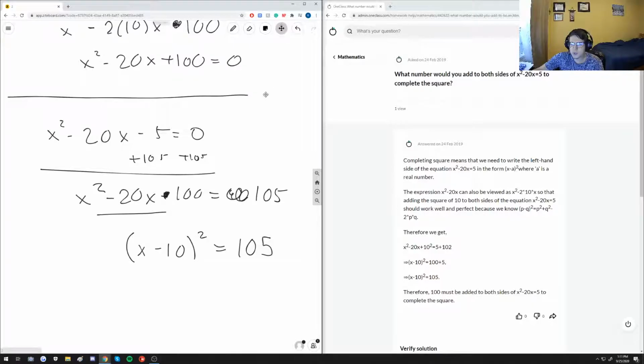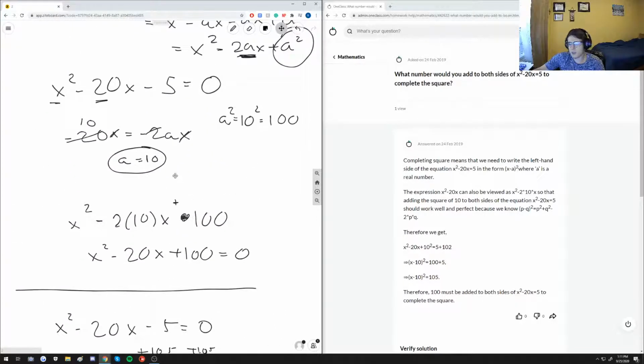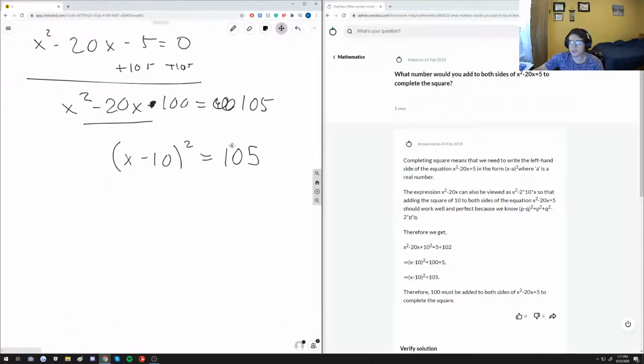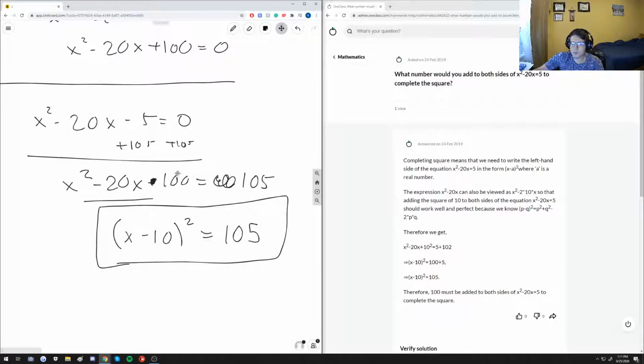So just ignore when I went back there. I thought I got the signs wrong, but obviously I didn't. I should have just kept following through. This would be our correct answer here. By adding 105 on both sides, we get 100 on the left-hand side and 105 on the right-hand side. But we do end up completing the square here, which is the result.